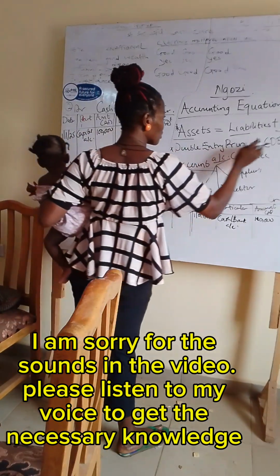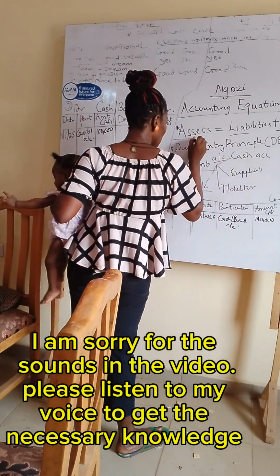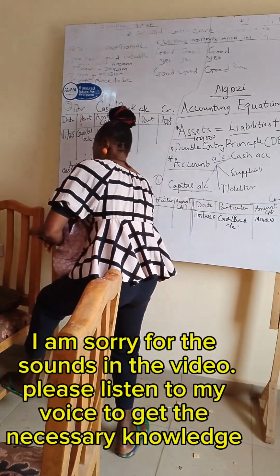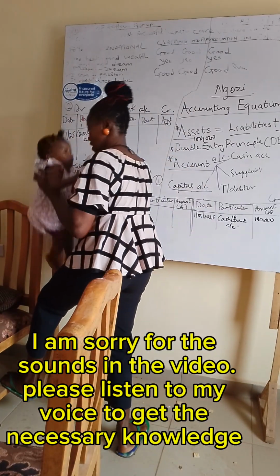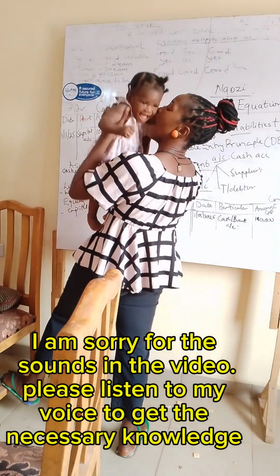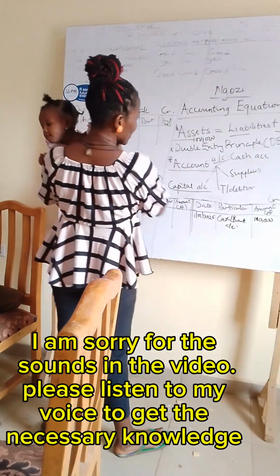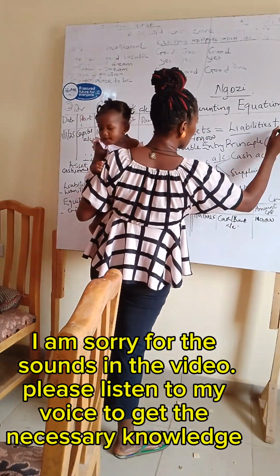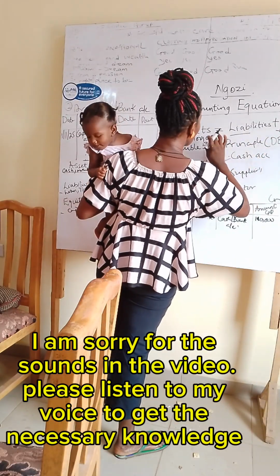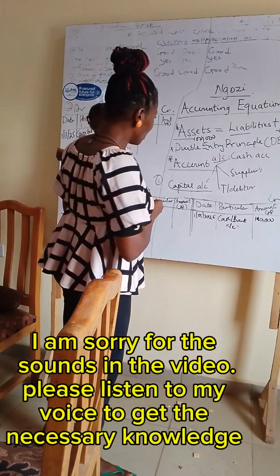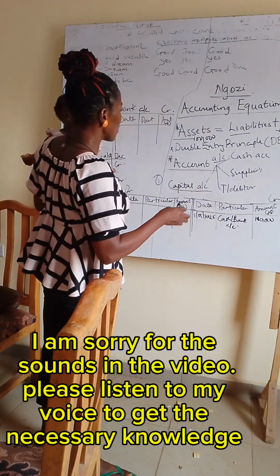We have 100,000 naira. Okay, 100,000 naira. That is what we have. Now you can see the two sides are equal. Do you see that now? The two sides are what? Equal.